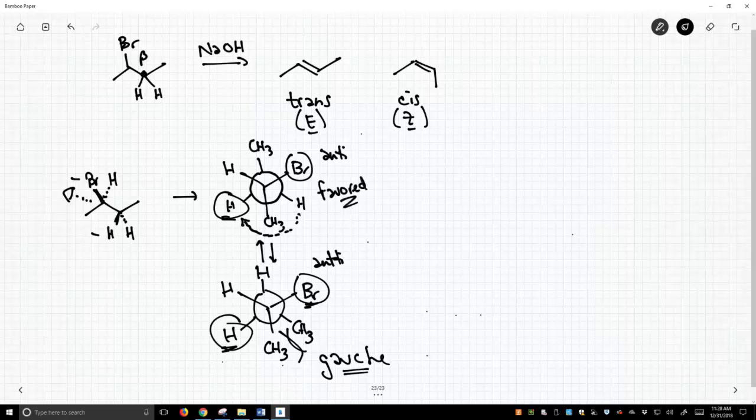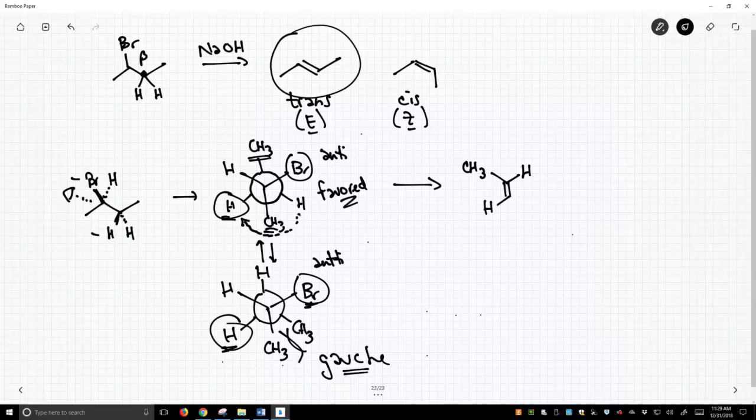It's energetically favored. Now, if this top one is favored, and if we do the E2 on the top one, what we'll find is the two methyl groups are going to be anti in the product. Well, which gives us anti methyl groups in the product? It's the trans configuration.